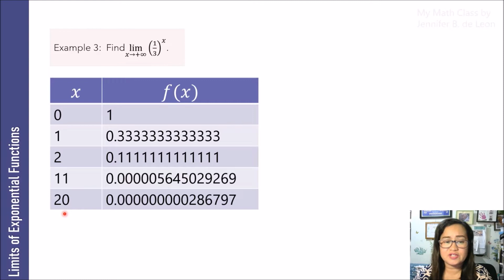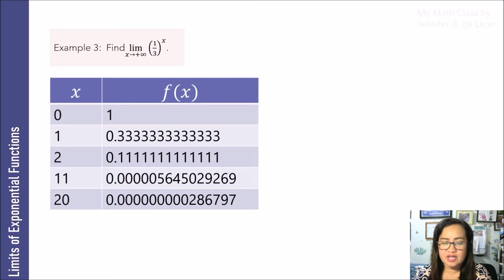Now let's study the trend of the values of x and f of x. As the value of x increases without bound, we notice that the value of f of x is decreasing. However, it approaches 0.